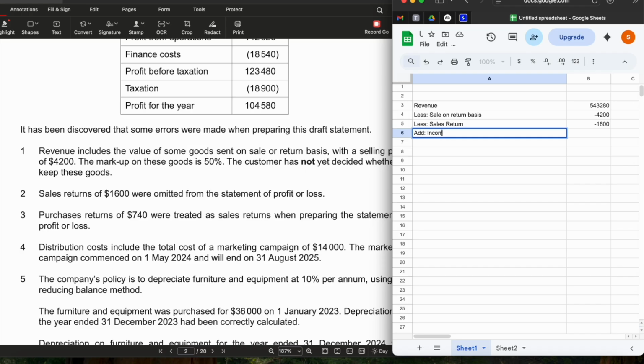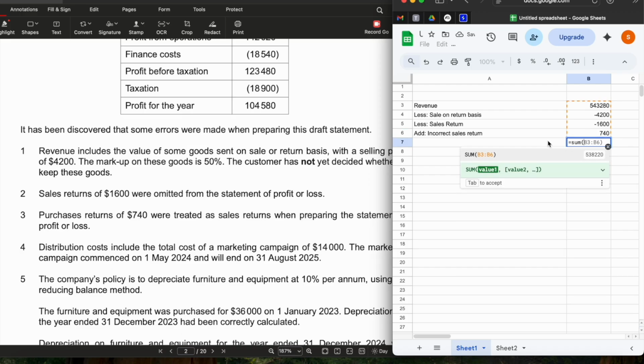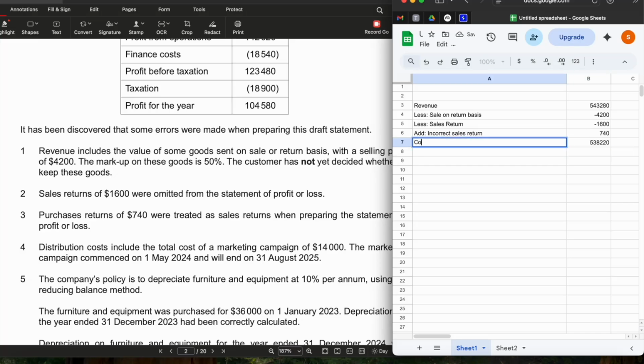Incorrect sales return was 740. Now let's do this. And this is our revenue figure.